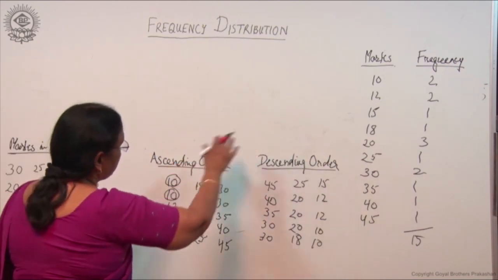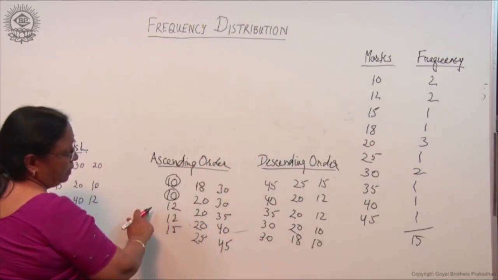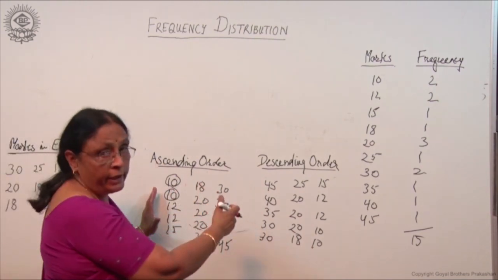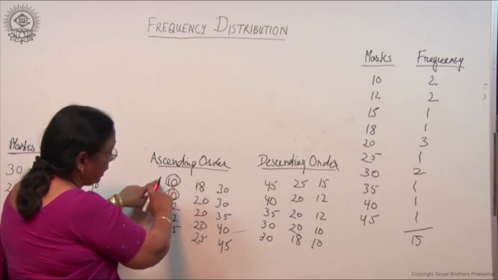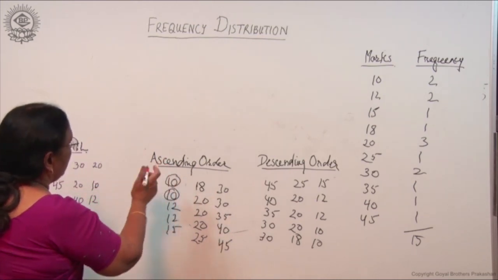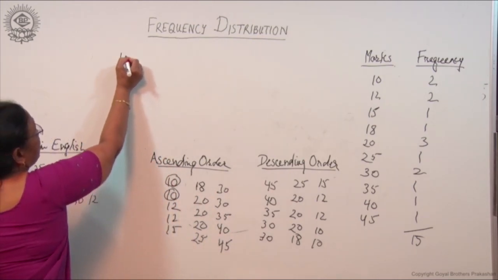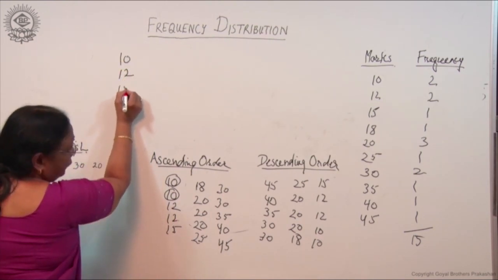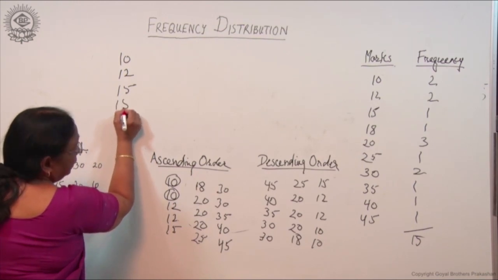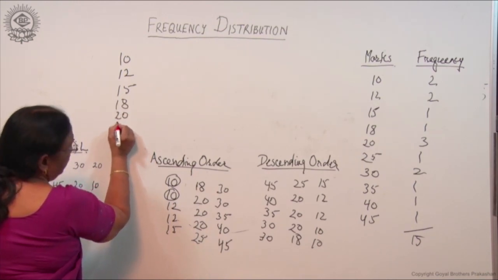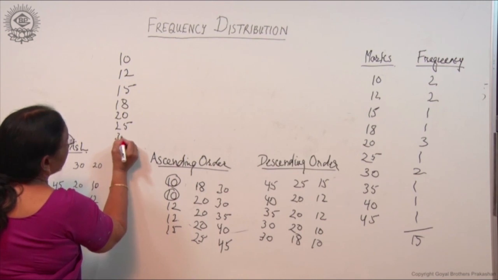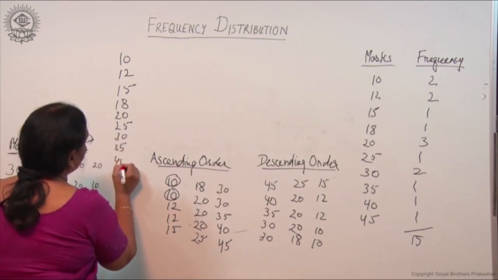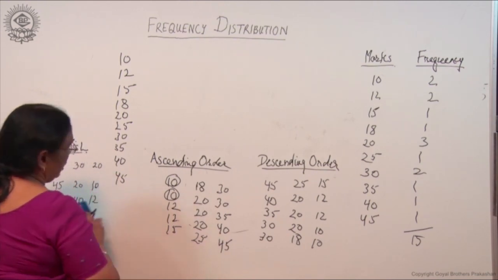First you get the raw data, arrange the data in ascending or descending order, and suppose you are taking ascending order. Now the marks are 10, 12, 15, 18, 20, 25, 30, 35, 40 and 45.